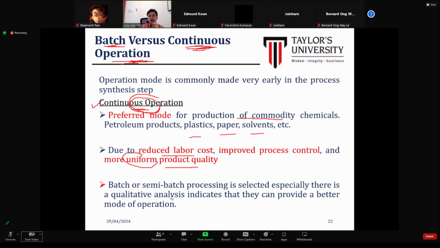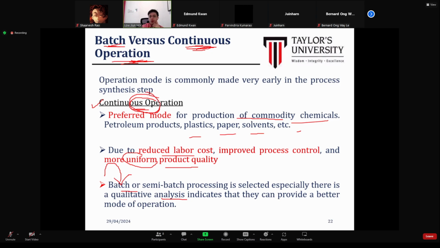But when we do a literature review or read relevant journal articles, if the experts or scientists have supporting data or scientific findings to prove that, even though this chemical is a common chemical, it is good to use batch operation mode, because maybe the quality of the product will be higher, or it is more efficient to produce your product, then only will we proceed to use batch operation mode.